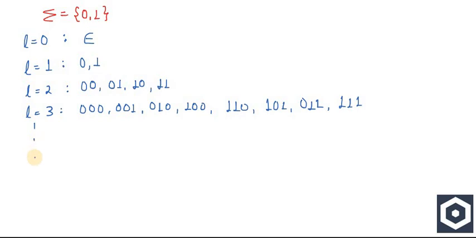Similarly we can go on and on. There is no limit to the strings that can be written over this alphabet. Hope this clears your concept of a string and the length of a string.